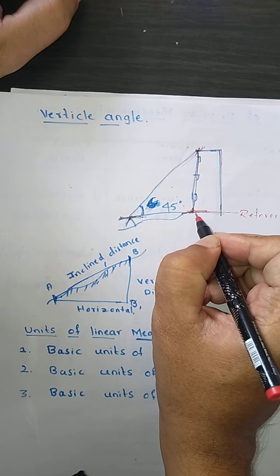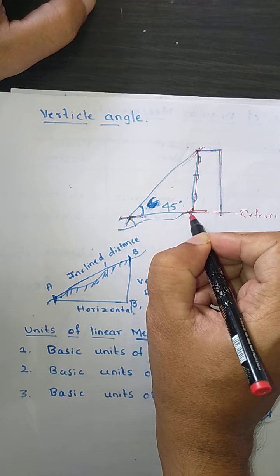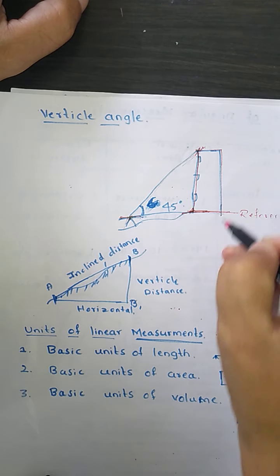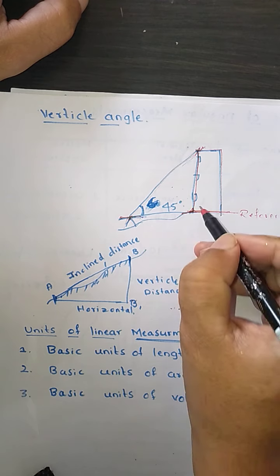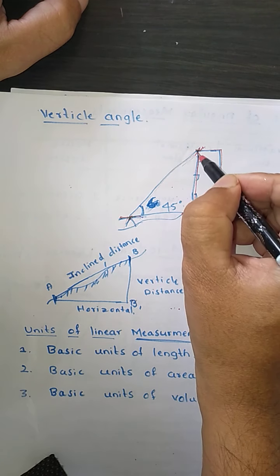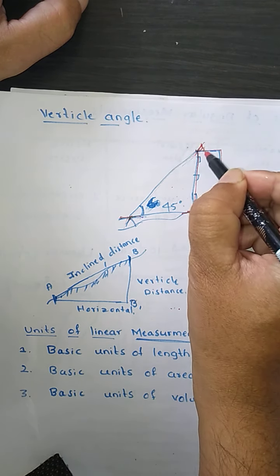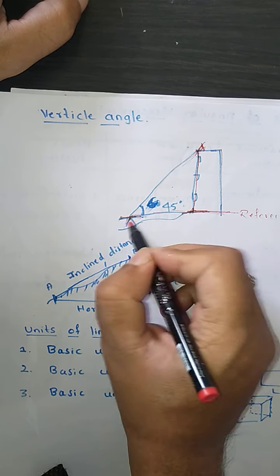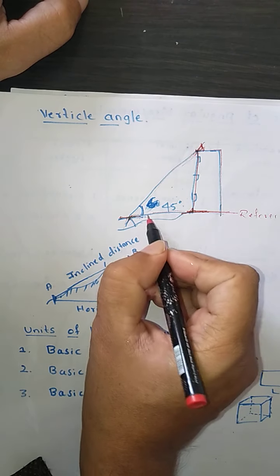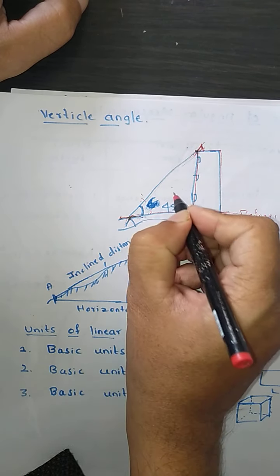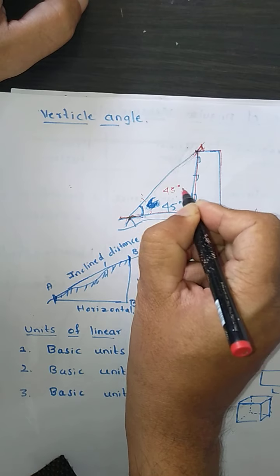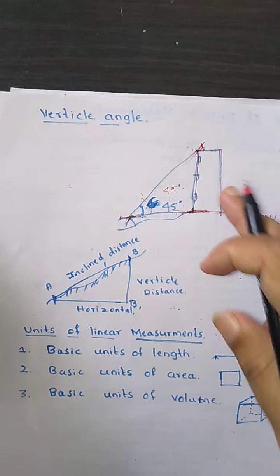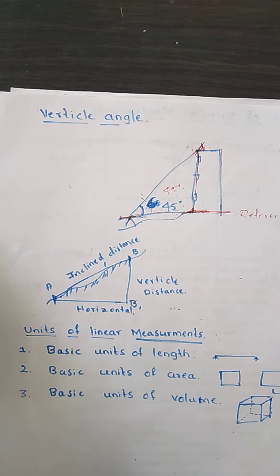This reference is the datum, and this is a building. From here you want to measure the angle of the top of the building. Your line of collimation will be from here, and then you sight it here, and you measure the vertical angle. Suppose it is 45 degree, then you get a vertical angle of 45 degree. Okay, so this is regarding the vertical angle.